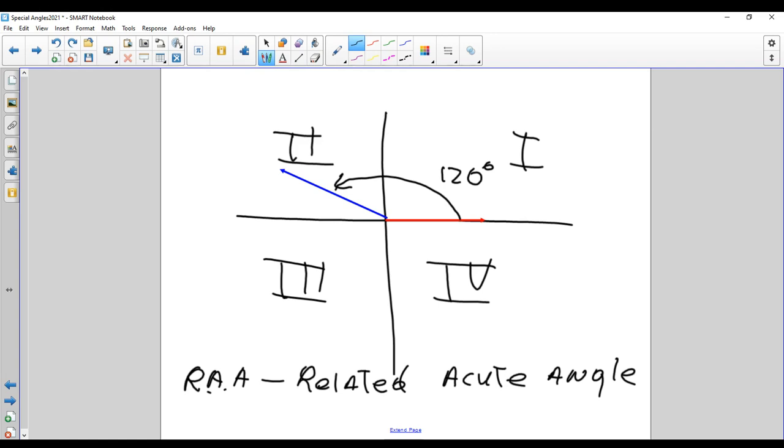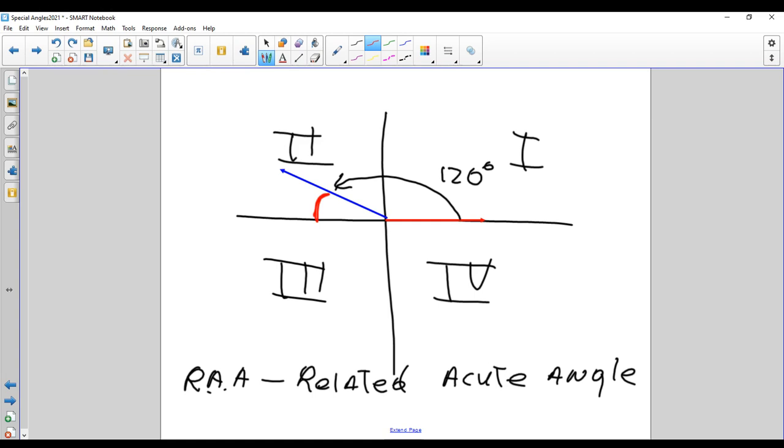She's right. Here's how we get the related acute angle. Look for your x-axis and ask yourself, how far away am I from the closest x-axis? So I'm not measuring from over here. I'm measuring to this x-axis right here. And my related acute angle is whatever this angle is, that's going to get me to my closest x-axis.